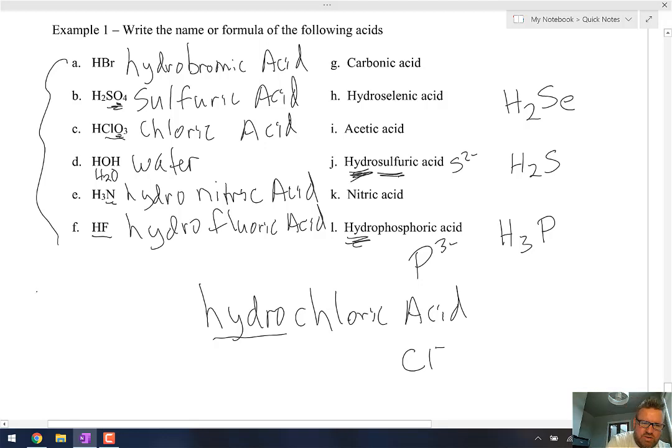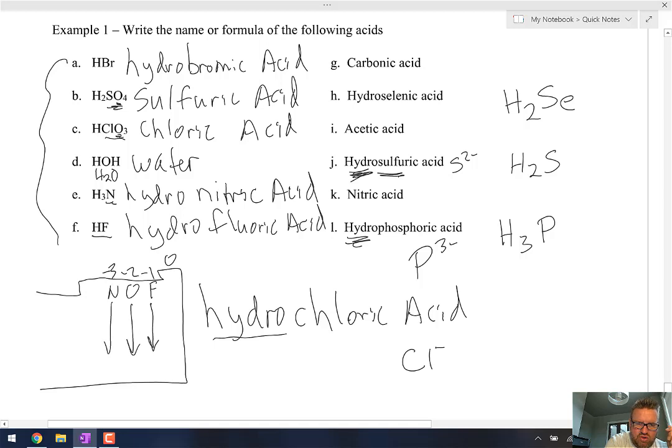And a reminder here that on this side of the periodic table are the noble gases, which are 0, and then it goes -1, -2, -3. So fluorine and everything below fluorine is -1, oxygen is -2, and nitrogen down is -3. So chlorine is below fluorine, so it has a -1 charge, so we need 1 hydrogen to cancel that out, and we get just HCl.